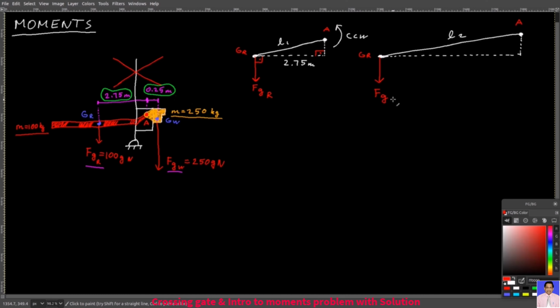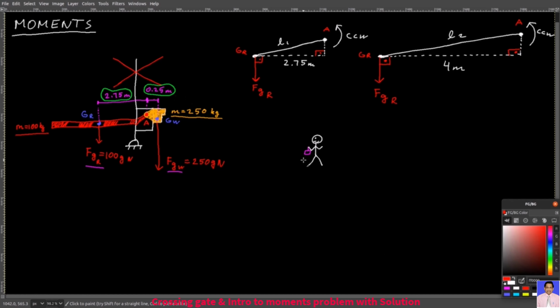You have the same force here, FGR, and now the perpendicular distance between FGR and A is 4 meters. You can intuitively feel that it will create a stronger tendency to rotate counterclockwise about point A.